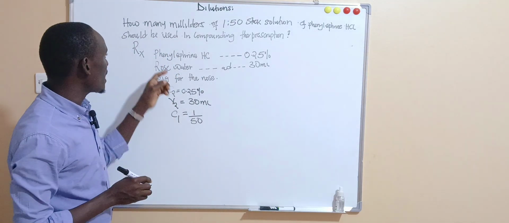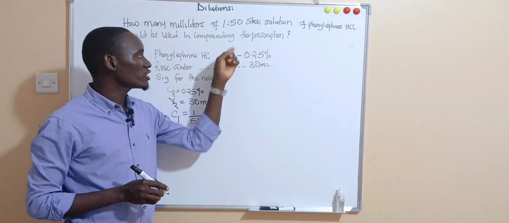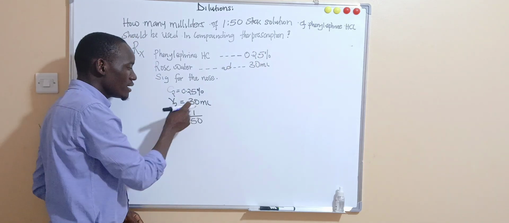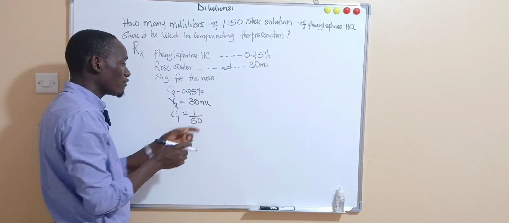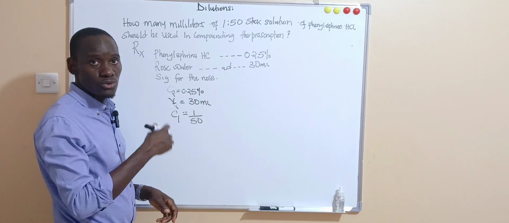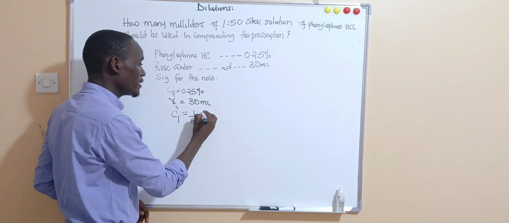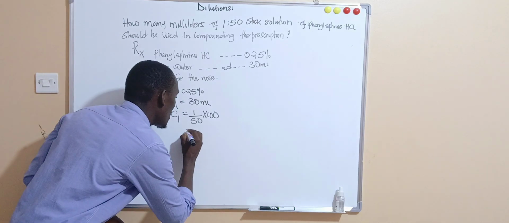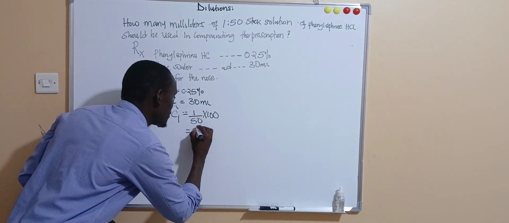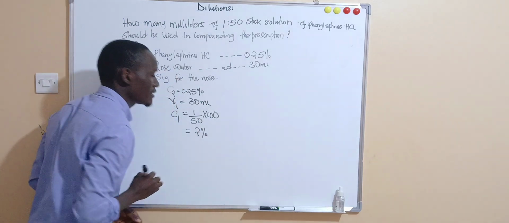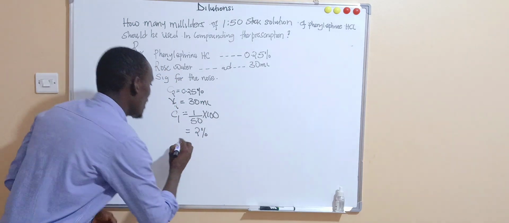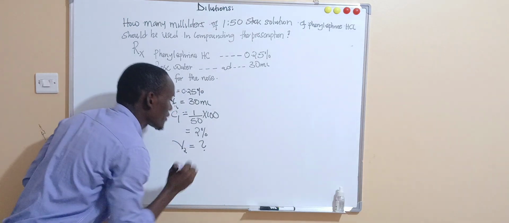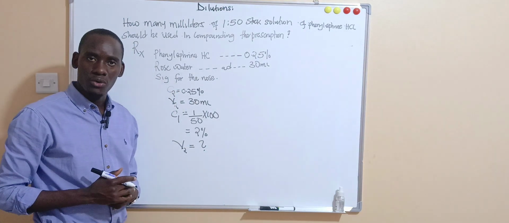But since in our prescription the concentration is in percentage strength, we shall also be required to convert the ratio strength into percentage by simply multiplying by 100. And we shall have our initial concentration as being 2%.